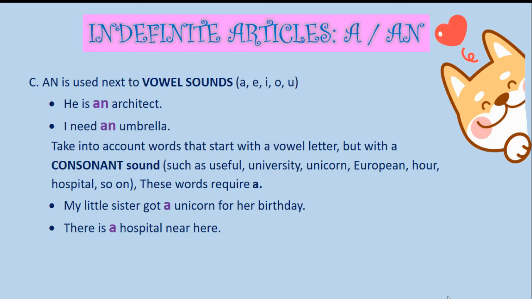So take that into account. If you have these kinds of words that have a vowel letter but a consonant sound, you're going to use a. So my little sister got a unicorn for her birthday, and there is a hospital near here. Don't forget, a unicorn, a hospital.